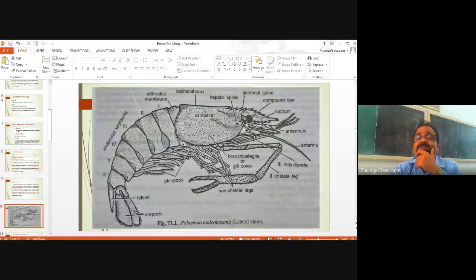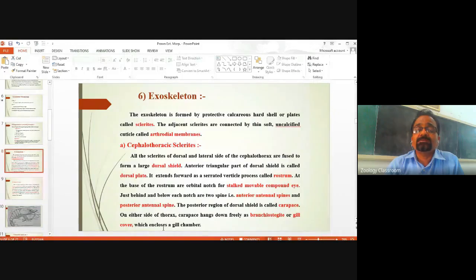This is nothing but the branchiostegite or gill cover. It is very important for the respiratory system. Keep this word in mind, because we will come across it while studying the respiratory system. The gill cover encloses the gill chamber.